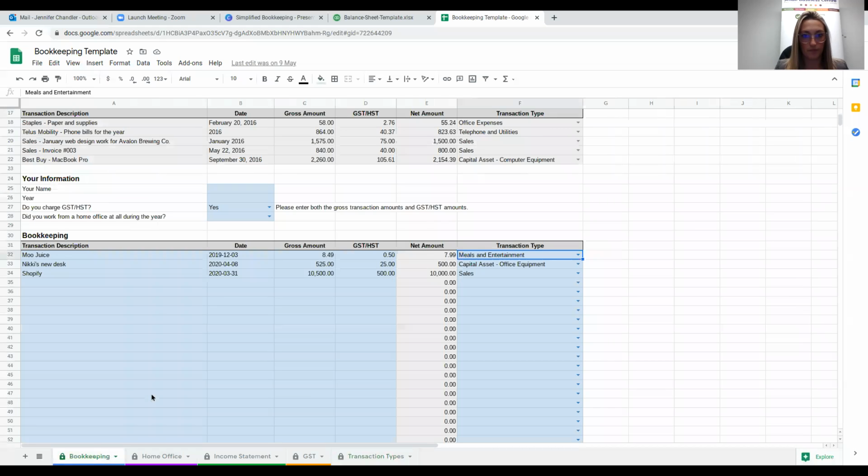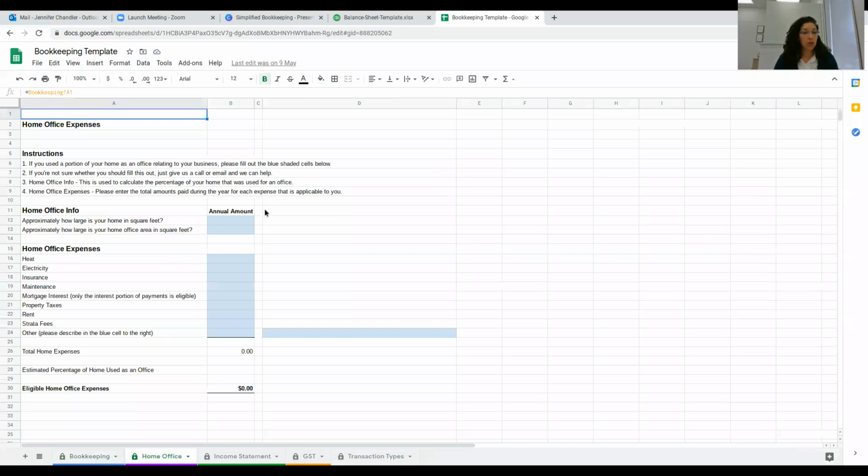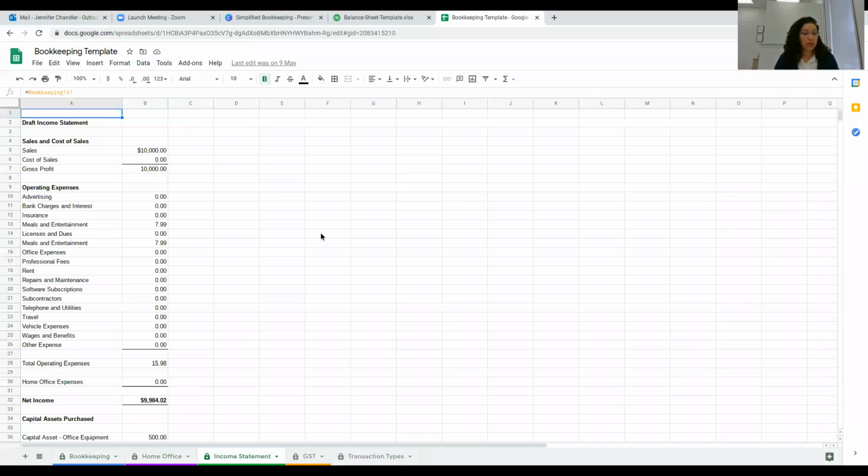Basically, your monthly transactions come in and you put them in this and it calculates it all for you. If you have a home office, there is a tab for that and you put your square footage in there. It calculates everything for you so you don't have to do it. If you go to the income statement tab, it tells you how much money you've made or lost.